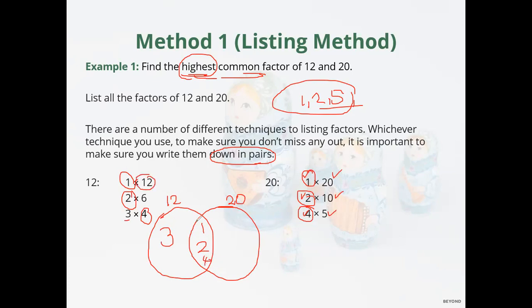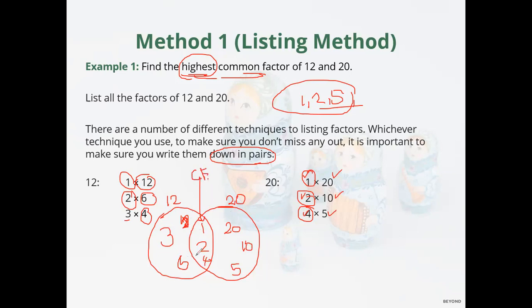12 is a factor only for 12. And 6 is a factor only for 12. And over here, 20 is a factor for 20. 10 is a factor for 20. 5 is a factor for 20. Now, I want you to look at this part. These are all the common factors.